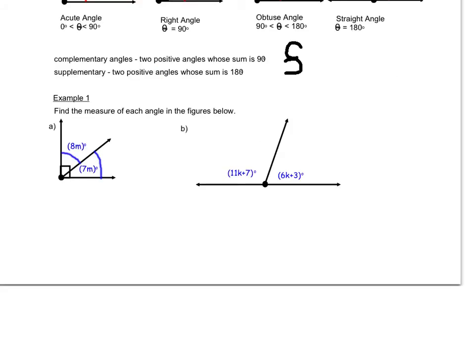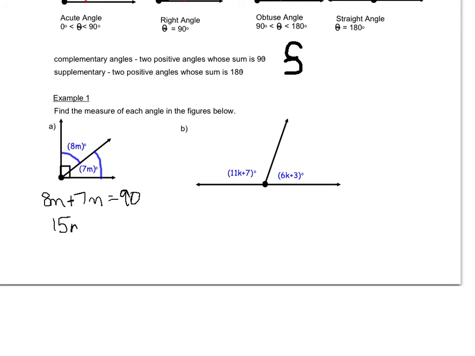So let's use that terminology to solve these two problems. Example 1. Find the measure of each angle in the figures below. So figure A shows two angles, one whose measure is 7m degrees and the other whose measure is 8m degrees, and together they form a 90-degree angle. So they are complementary. So we're going to take our 8m plus 7m and let that equal 90 degrees.